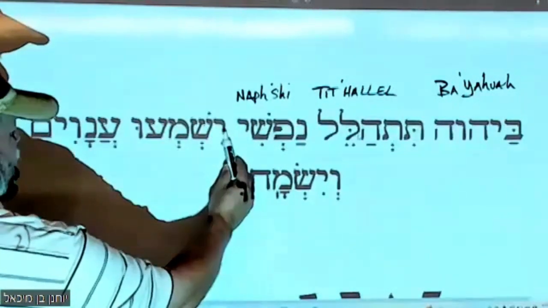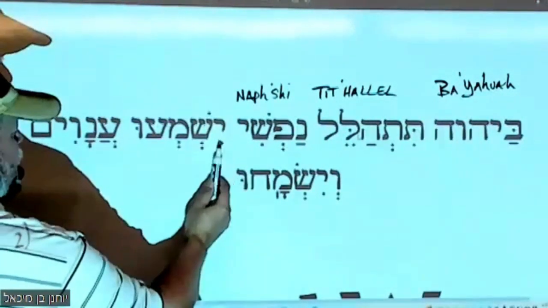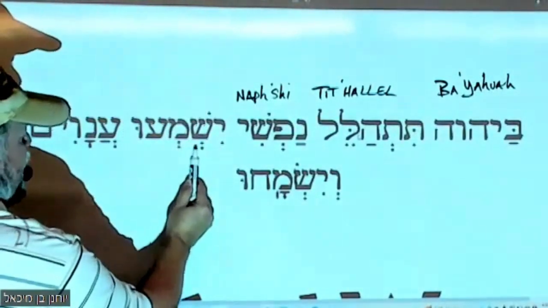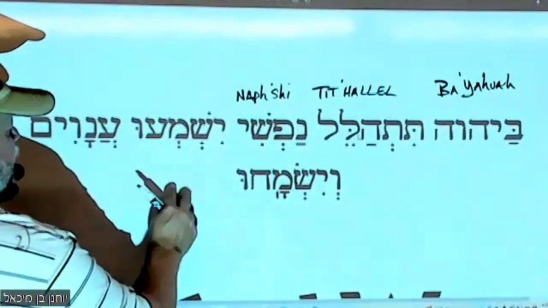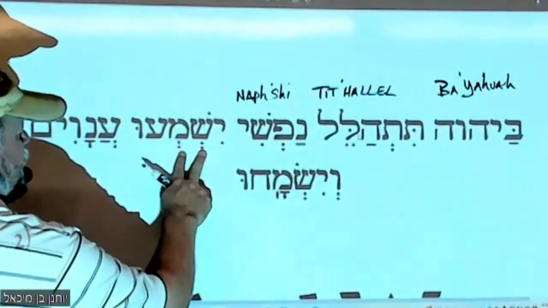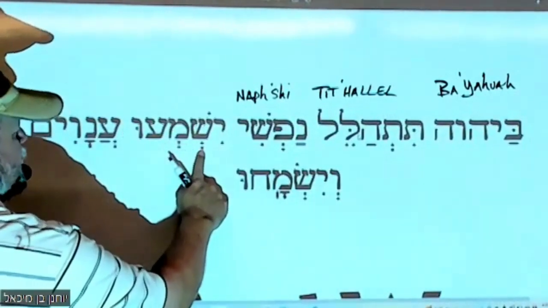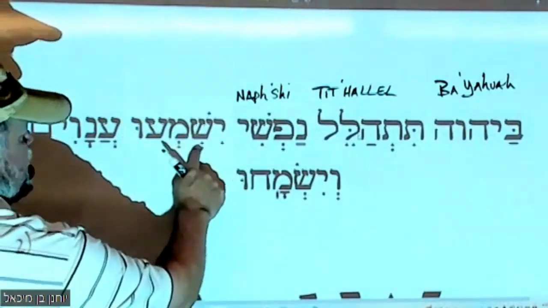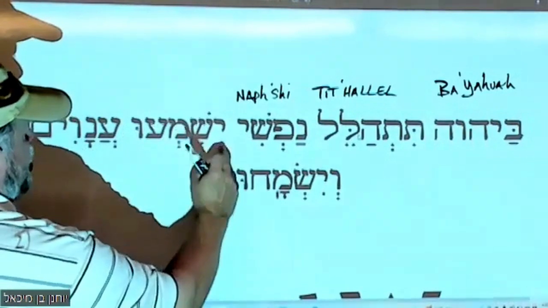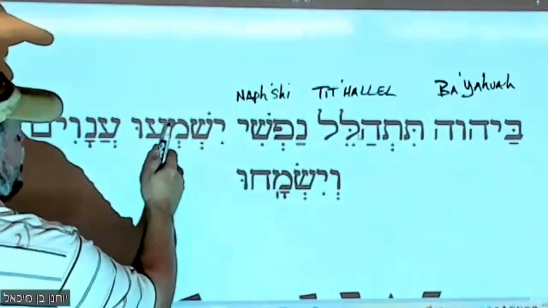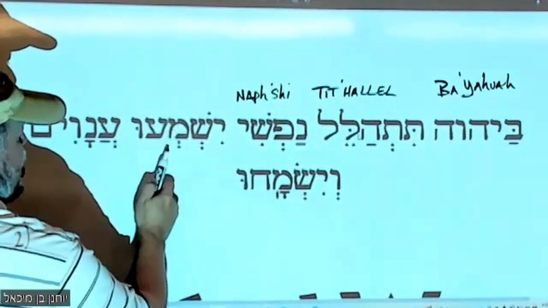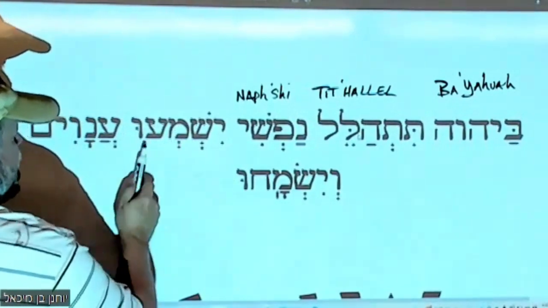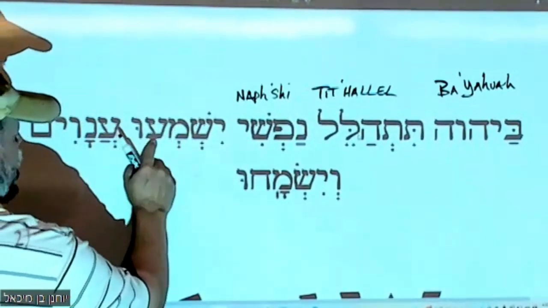All right, yud, right? Pointed kirik, yi. Then we have the letter shin, but we've got two shvas here. So when we have two shvas next to each other, the first one is always silent, the second one is always vocal. So that makes this yish, cut the syllable. Yish. Then we have the mem, so we have the M sound, and then we have the vocal shva, quick E, meh. Now we have ayin, silent letter, right?